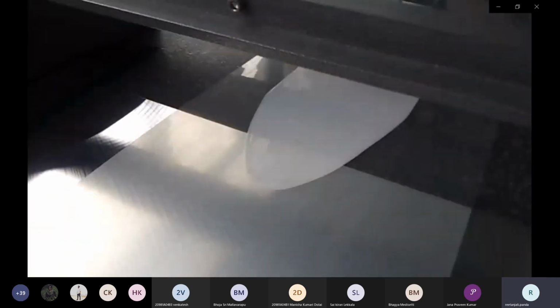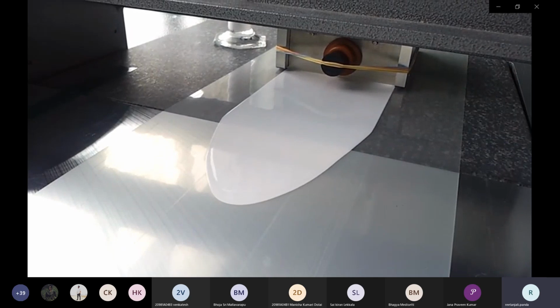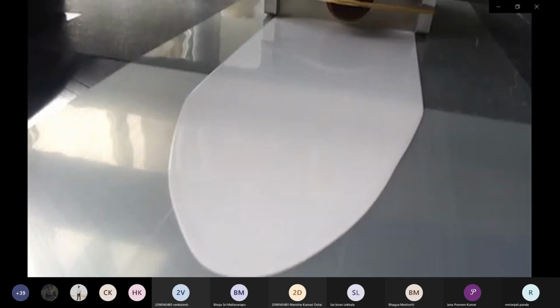Now you see here outside, a thin sheet like structure is coming out, isn't it? So this is what tape casting is.